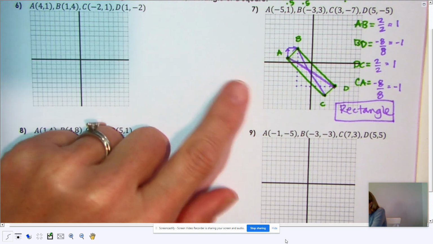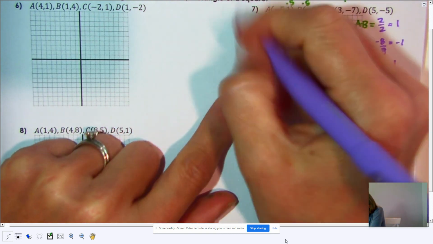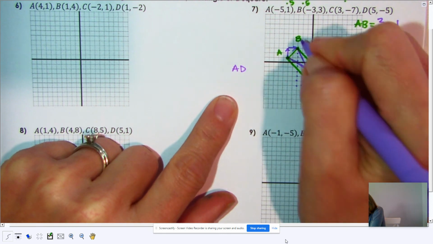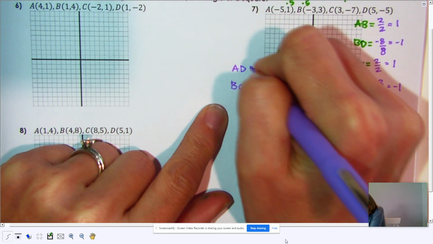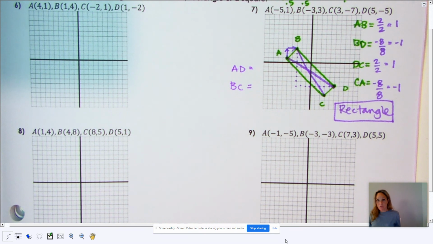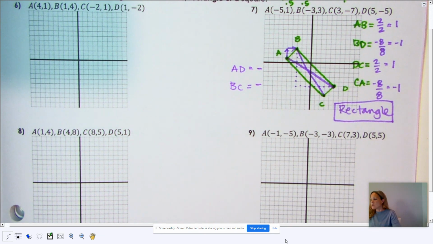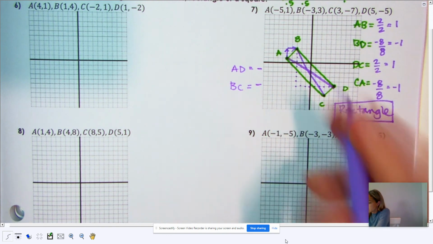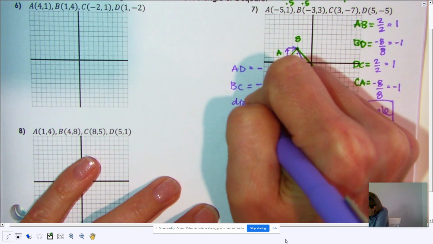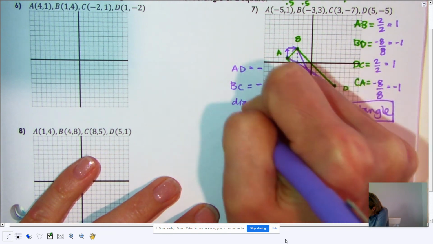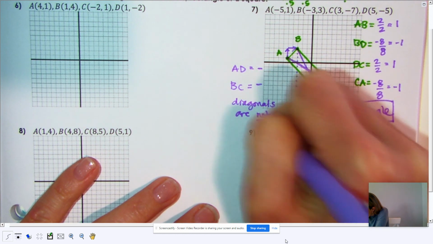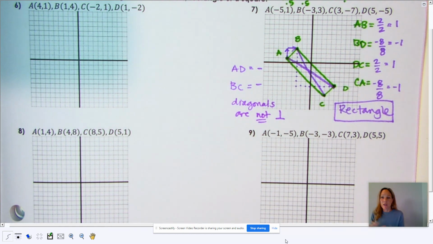If you wanted to fully show your work, you would show the slope from A to D and the slope from B to C and show that they are not opposite reciprocals of each other. And they can't be because they're both negative slopes. So we know that they're not perpendicular. Diagonals are not perpendicular, so I know it's not a square. It's not a rhombus, so it's a rectangle.